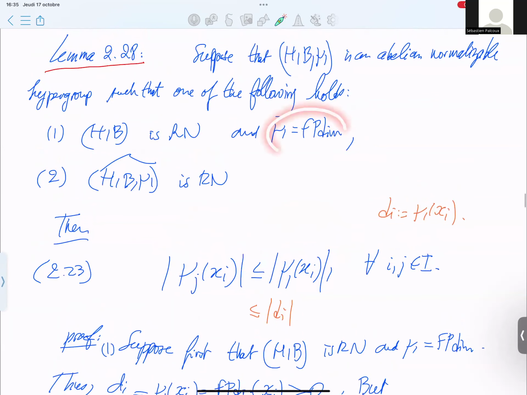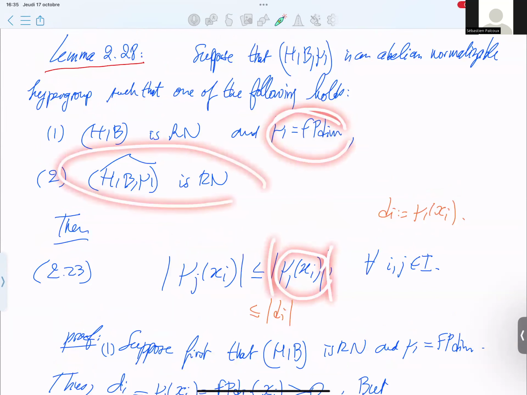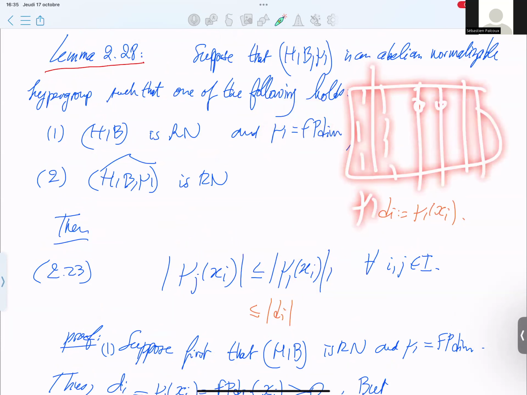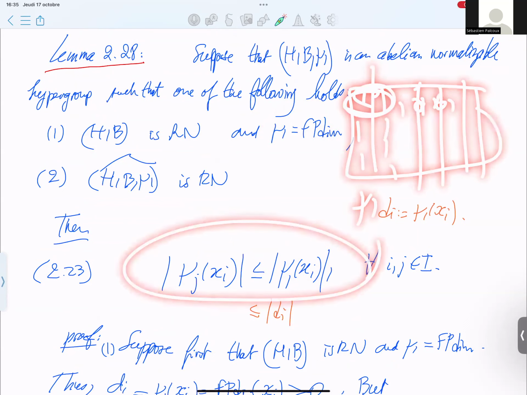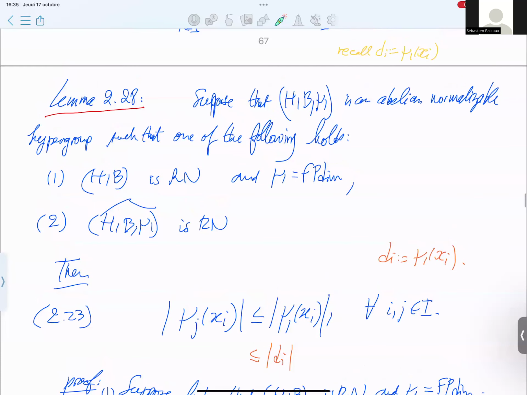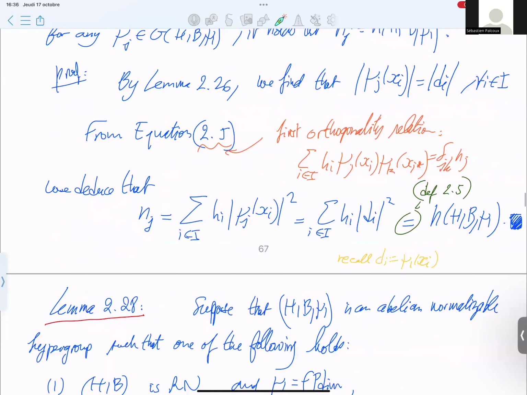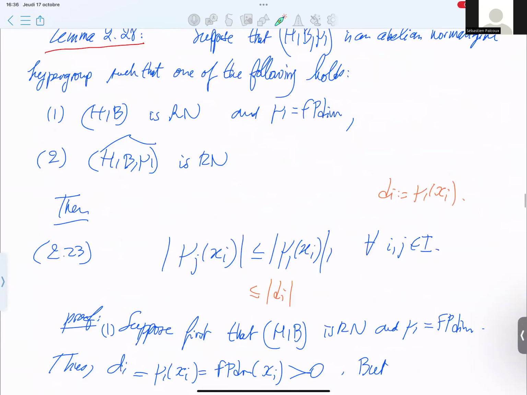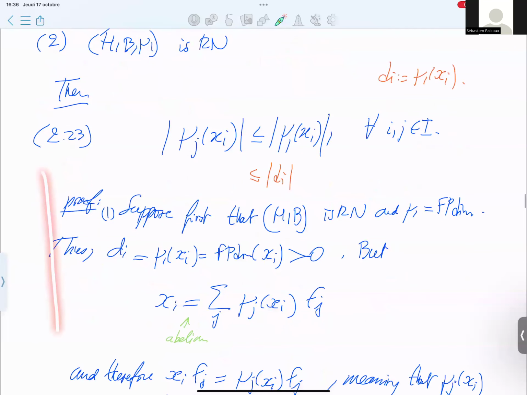In this case it is always positive, so you don't need that, but in this case you may need the modulus. You take the first column corresponding to mu1, and you take the modulus everywhere, and it is saying that for every other column, the modulus are always dominated by the first column. This is exactly what it is saying. And remember that the equality holds in the group-like case. So you have this kind of result.